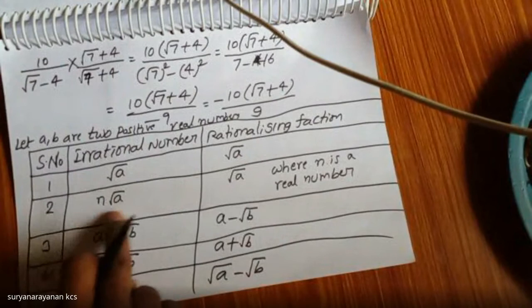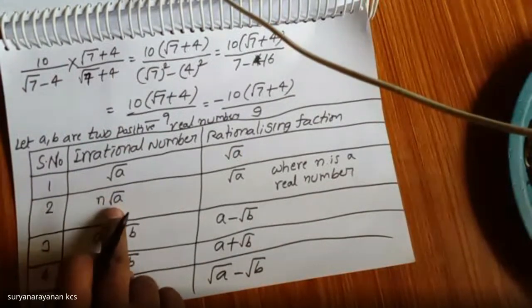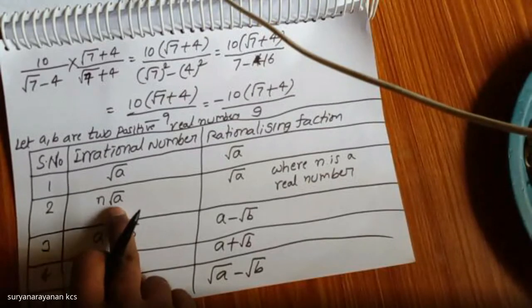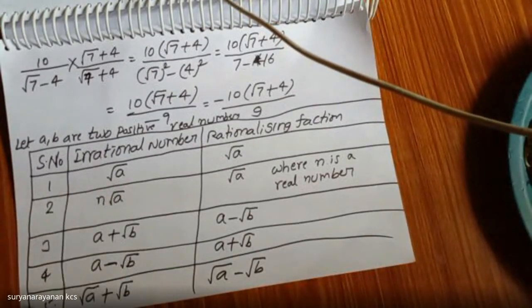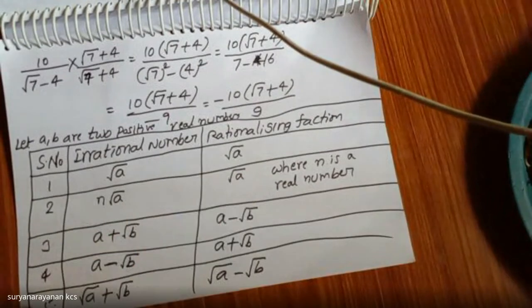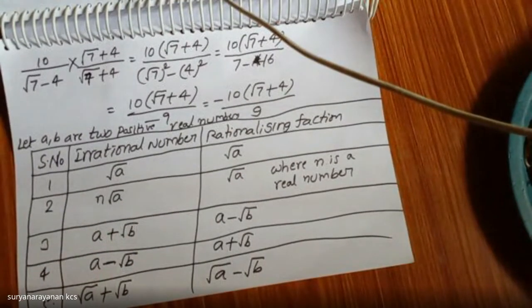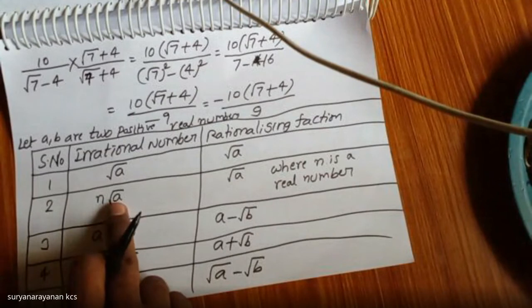If the denominator is in the form of n root a, then its rationalizing factor is root a only, not n root a, because n is already a rational number. We have to make this root a a rational number.